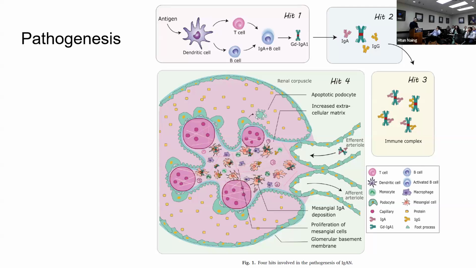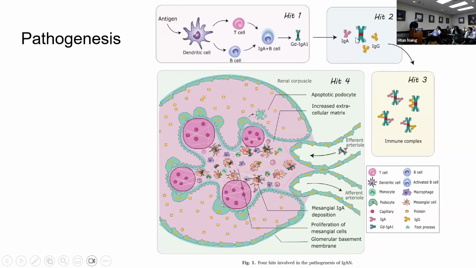We have a 4-hit mechanism in IgA nephropathy. Why? Because 1 hit is not enough. Hit 1: antigen is exposed to T cells, T cells stimulate B cells, and then plasma cells make the galactose-deficient IgA1, which serves as the antigen for the self-binding autoantibody of IgA or IgG.